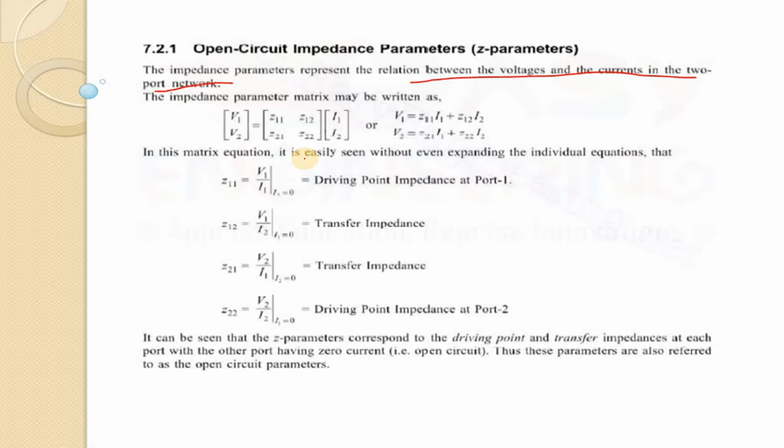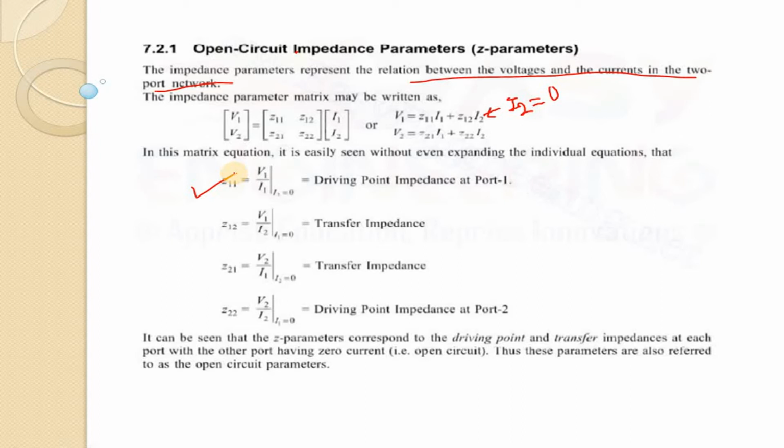In this matrix equation, it is easily seen, without even expanding the individual equations, that Z11 equals V1 by I1 when I2 equals 0. If we put I2 equals 0 in this equation, we get Z11 equals V1 by I1 when I2 equals 0, and this Z11 is known as the driving point impedance at port 1.